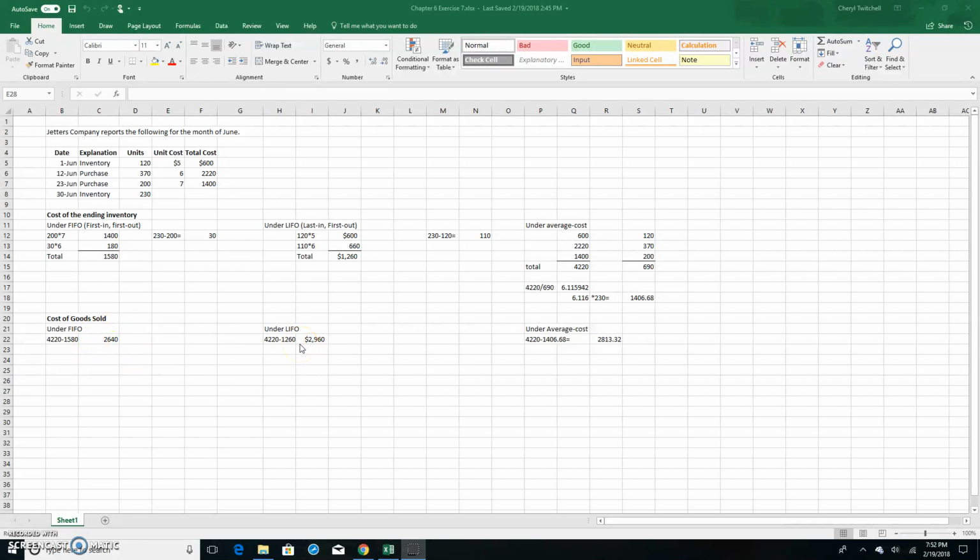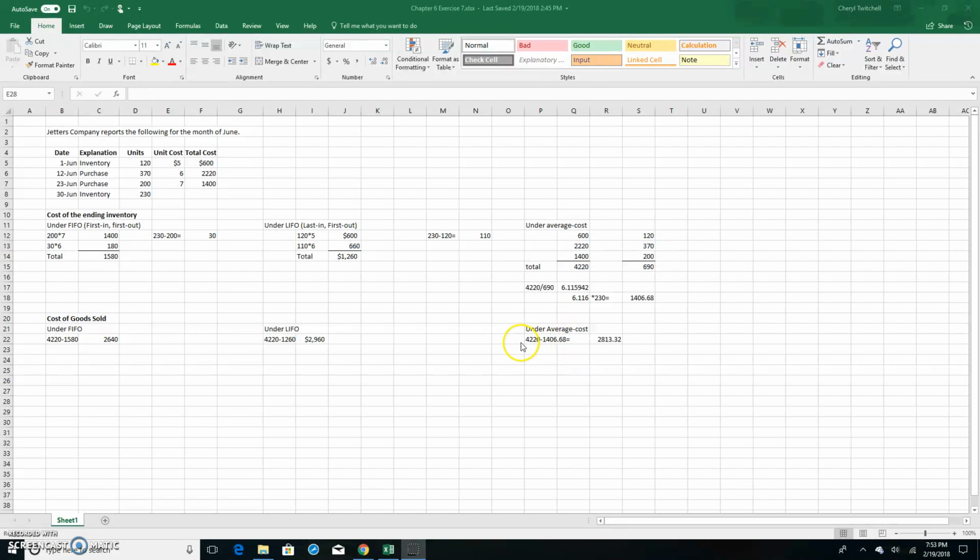We do the same thing for LIFO, which is the total cost of goods available of 4,220 minus what we got here for our cost of the ending inventory, and that's equal to 2,960.